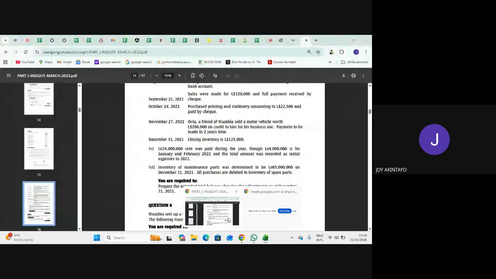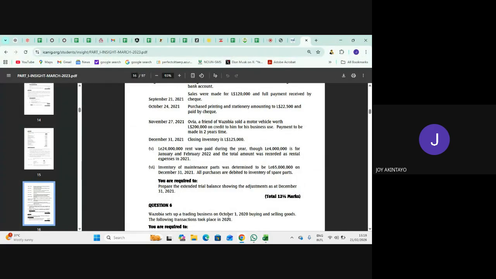Then the last one, which is inventory. We are being told that the inventory of maintenance parts was determined to be that amount on 31st December. And we're being told that all purchases are debited to spare parts. So how do we determine the account?